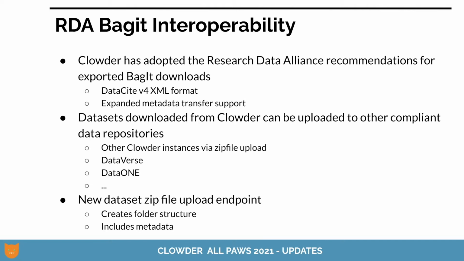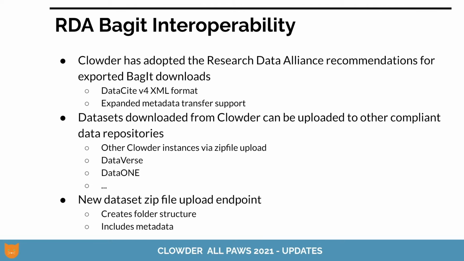We used to have Bagit support. When you download a data set, you'll get a bunch of metadata included within the data set with this Bagit, following the Bagit specification, which is a specification created by libraries and used by libraries in all different cases.